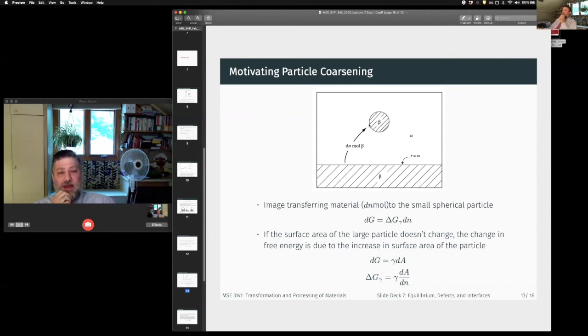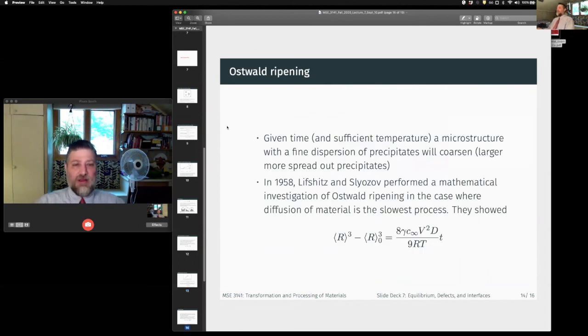And for a very small particle, taking away a small amount of volume can lead to a really big change in the amount of surface area that it has. So that means the smaller the particle gets, the greater the driving force for it to dissolve and transfer material to the bigger phase. And that's Ostwald ripening, right?